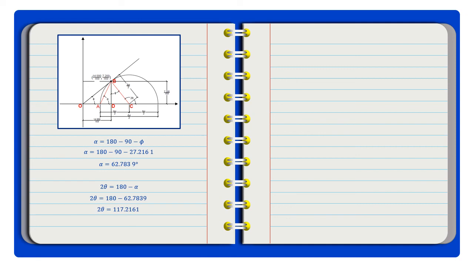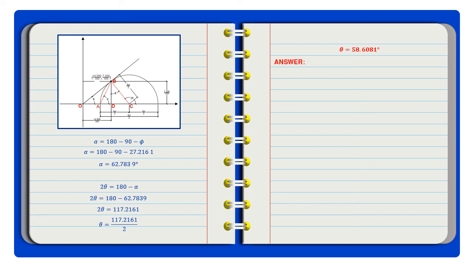So, we will have a 2 theta, which is 117.2161. Then, dividing both sides by 2, we could get, from our calculators, a value theta, which is 58.6081 degrees. Ito ngayon yung required sa atin na angle of the rupture plane.